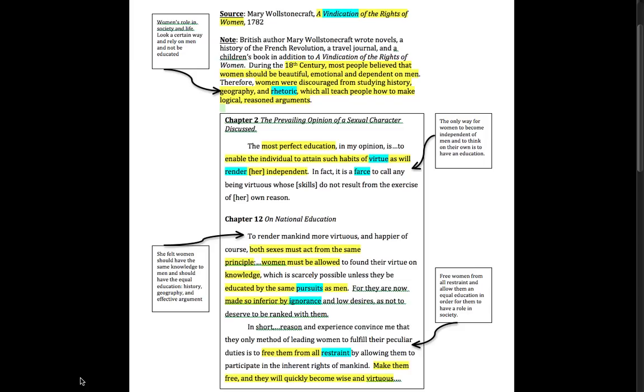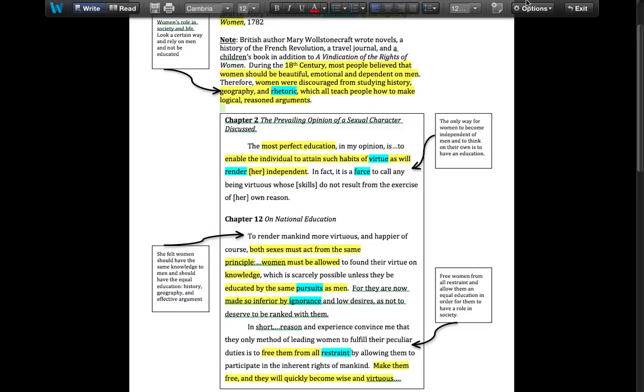Remember, guys, you get 20 points per document, but that document has to be highlighted and it has to be annotated, word for word, what I said in the lecture. I'm going to go ahead and exit out.